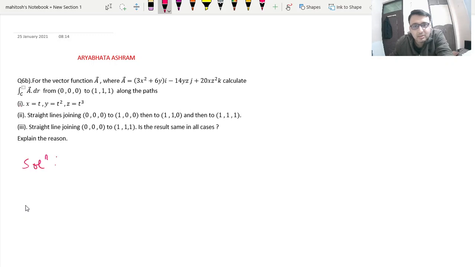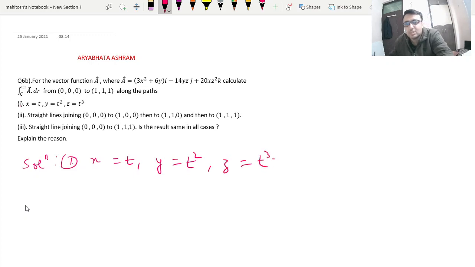So what we are given is the path: x is equal to t, y is equal to t square and z is equal to t cube. Now, such questions are of very basic level.